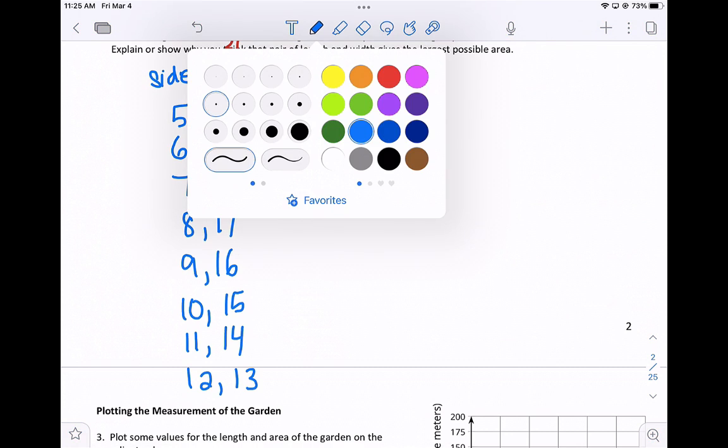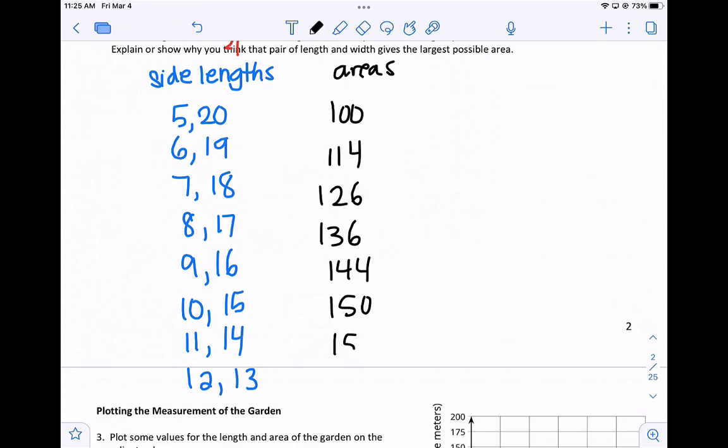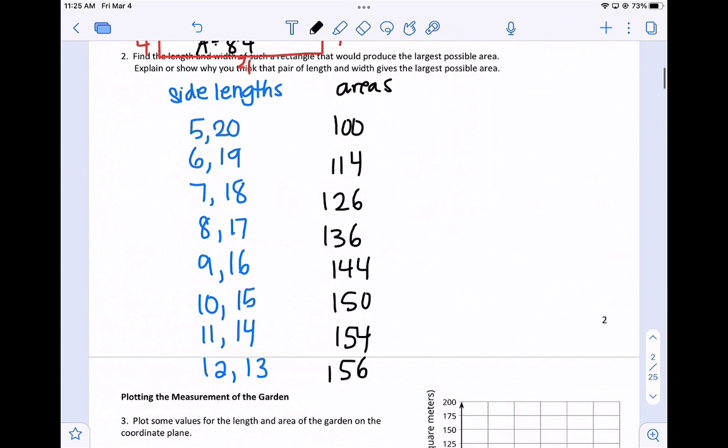And then we can calculate the areas. And we can see, from 12, 13, it just reverses.